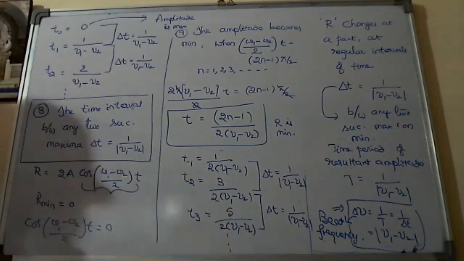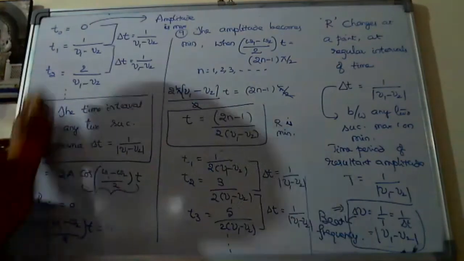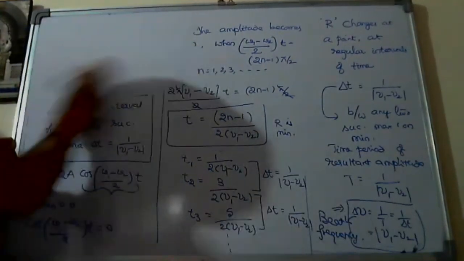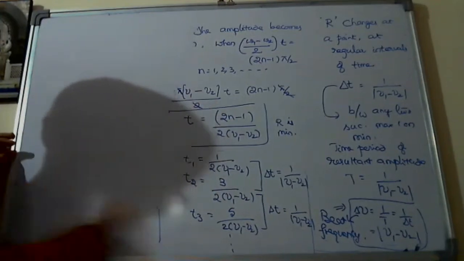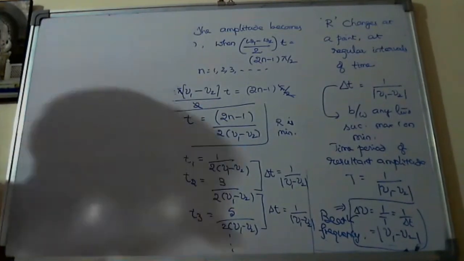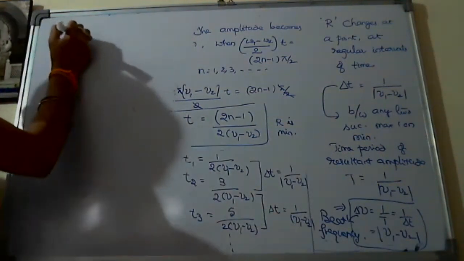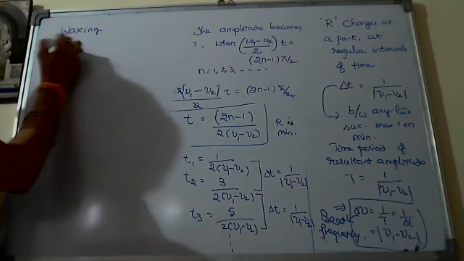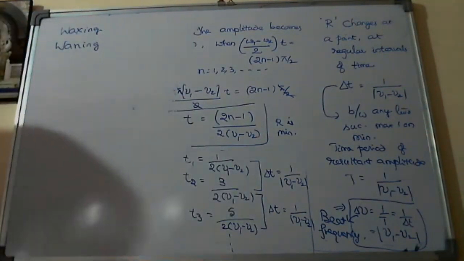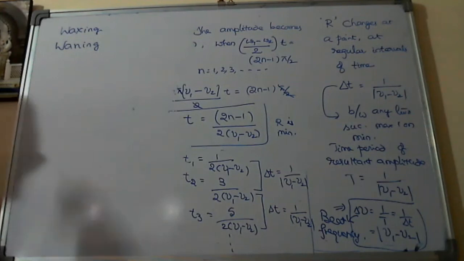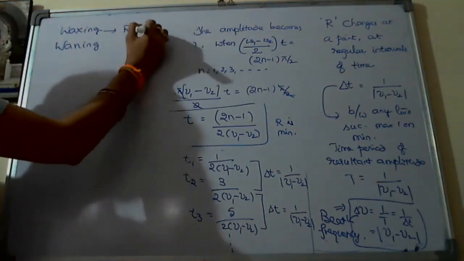In this concept, those maxima and minima that I repeated many times, when you come to objective questions, they call them by different names: waxing and waning. Waxing means the resultant amplitude is maximum.